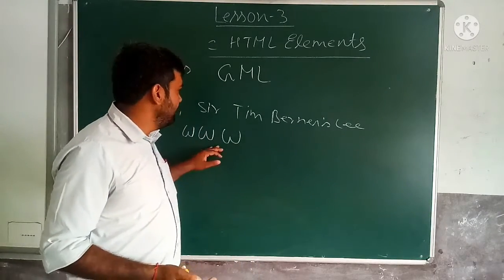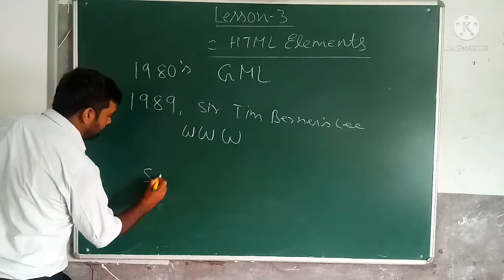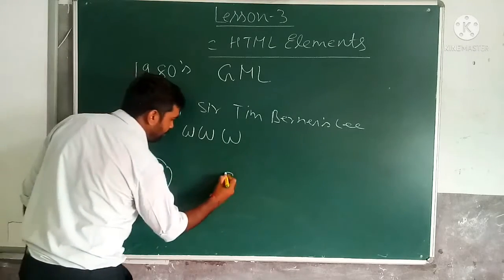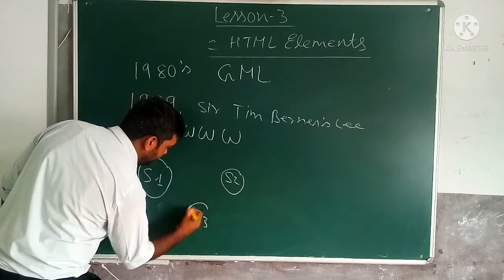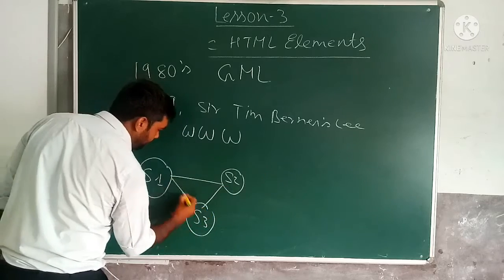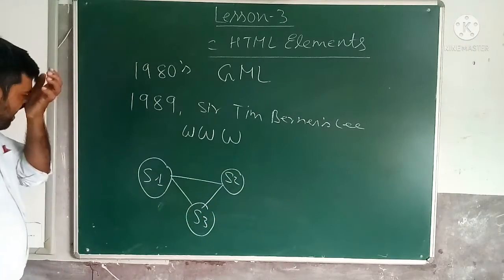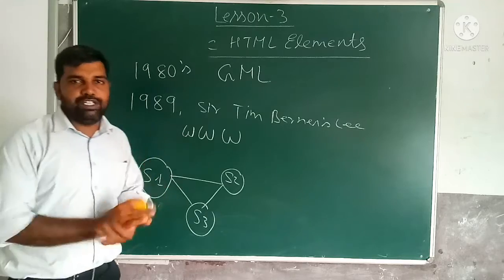What are web servers? Triple W is a collection of many servers: server 1, server 2, server 3, like this. And these servers are connected to each other. Each server stores millions of web pages.